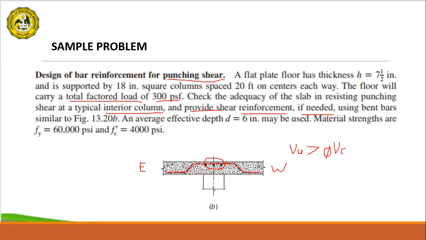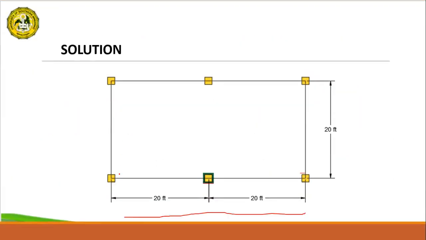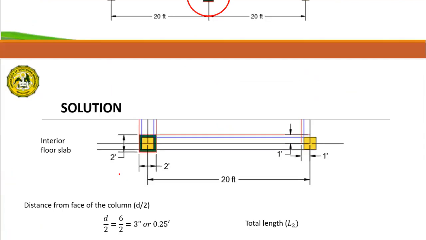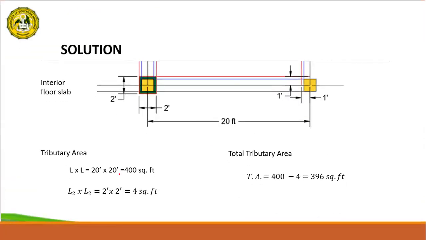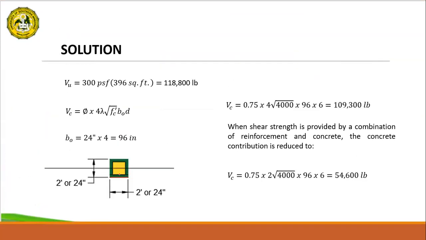The floor will carry a total factored load of 300 pound per square foot. And multiply that with the total or the net tributary area, which is 396 square foot. So we have 118,800 pounds for the VU.